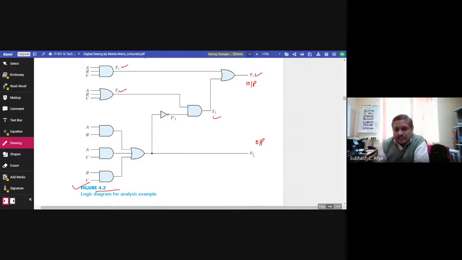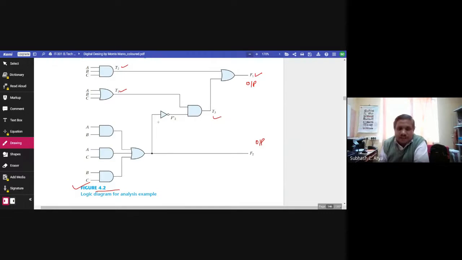This is the F2 output, and F2 becomes the input of this NOT gate, so obviously this shall be F2 bar, and this is T3, which becomes the input of this OR gate having output F1. So this is the labeling.